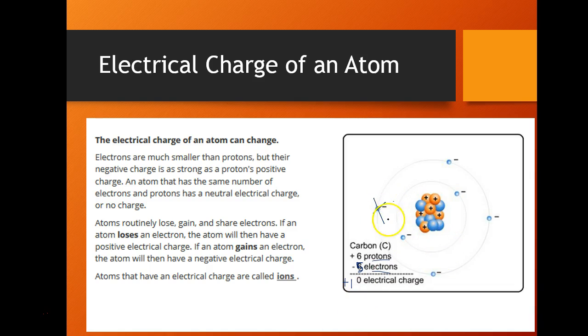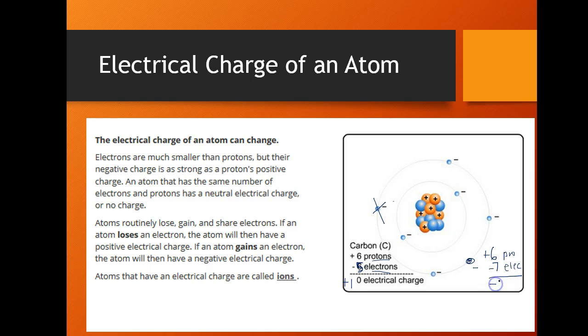Sometimes, instead of losing an electron though, an atom can actually gain an electron, right? So instead of having 6 electrons, it can have 7. So we have 6 protons, 7 electrons, right?